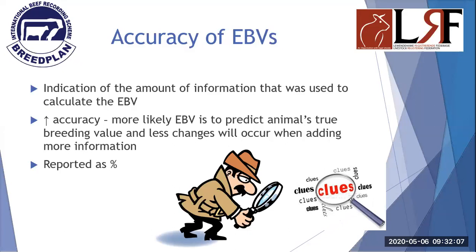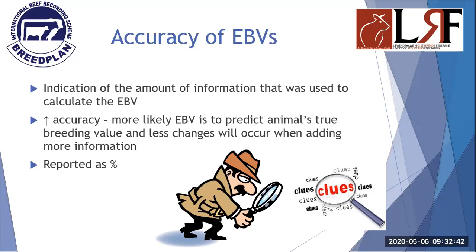So how many measurements on the related animals, the animal itself, measurements on his progeny, etc., were included within the calculation. As the accuracy increases, it is more likely that the calculated EBV is a prediction of the animal's true breeding value, and fewer changes will occur when adding more information.